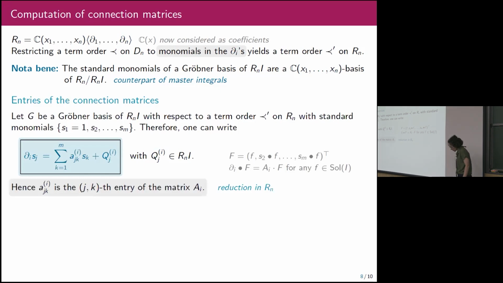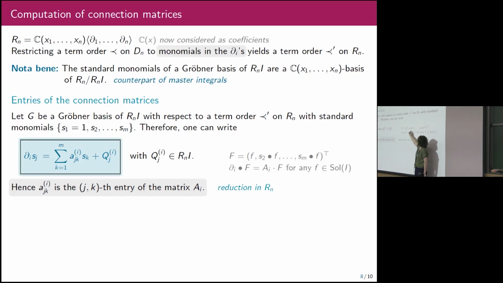To compute connection matrices, one proceeds as follows. Let's say we have a system of PDEs encoded by I. We compute a Gröbner basis G, and we compute the standard monomials. The first one can be chosen to be 1, and we have a couple of other monomials in the D. Remember, we were collecting these terms in the vector F, and we are interested in computing such a system.